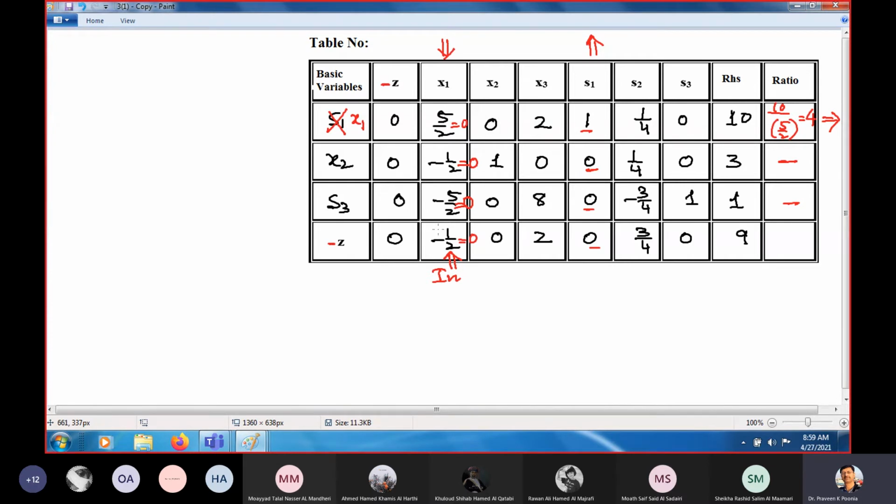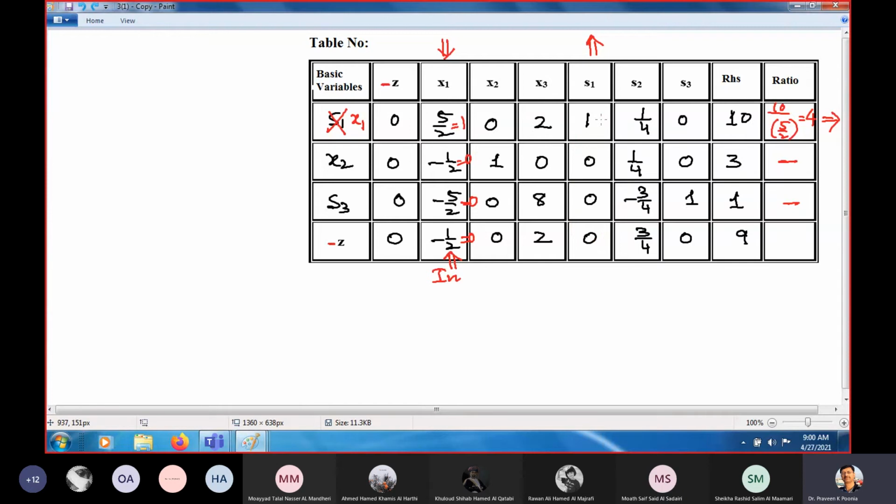This is the process. Means next step we are going to solve. What we are going to solve is, you need to change this to 1, this 0, and this 0. We need to make this 1, 0, 0, 0.